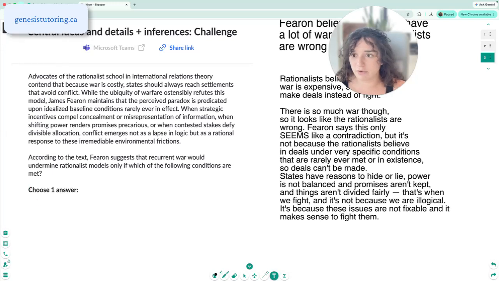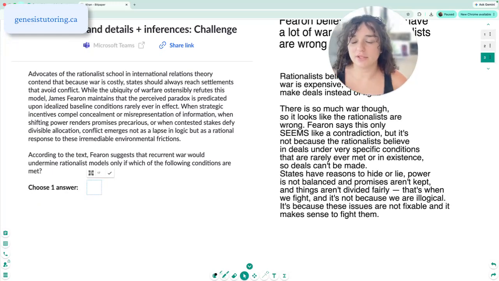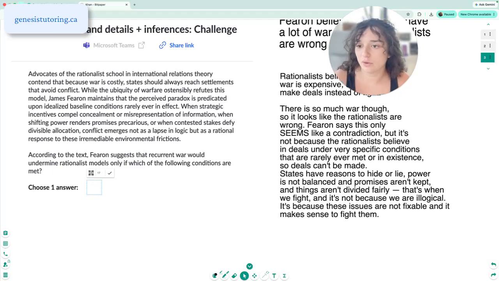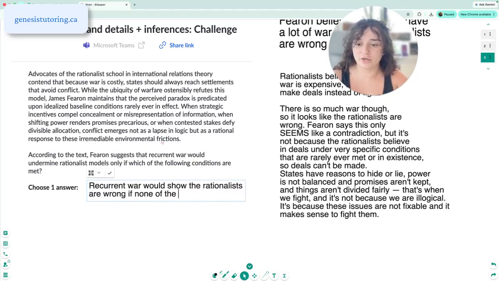So I'm going to create my perfect response right here. The answer I'm inventing, and the answer I'm going to compare myself to, would be: recurrent war, which is part of the question, would show the rationalists are wrong if none of the environmental frictions were an issue and we still didn't make a deal.